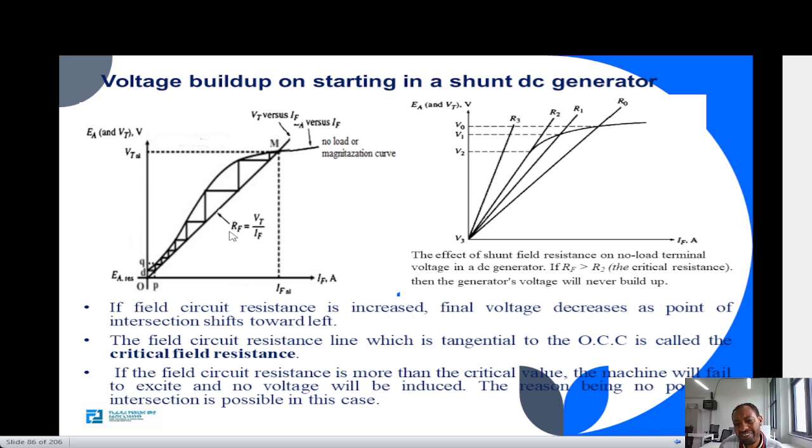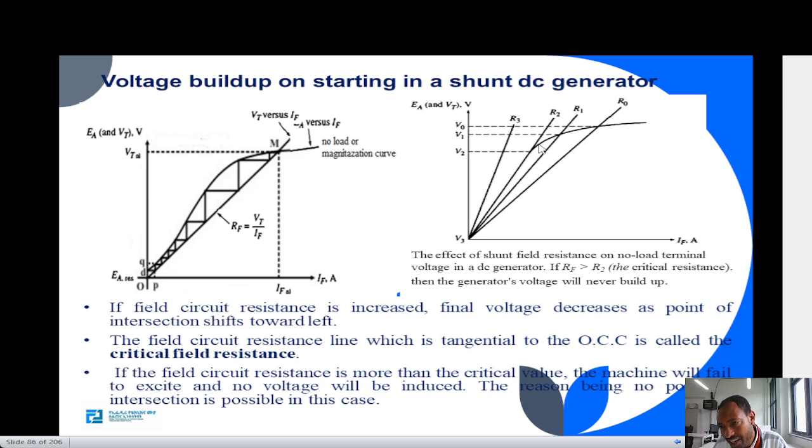If we take different values of R and plot them, we get different field resistance lines. Obviously R0 is less than R1, R1 is less than R2, and R2 is less than R3, so it will shift like this. If the field resistance is less than this, it will take a long time to build. See the area between the R0 and R2 lines; it will take a long time.